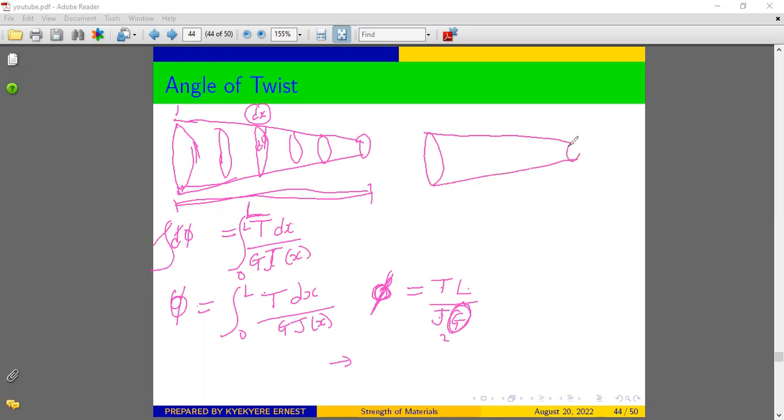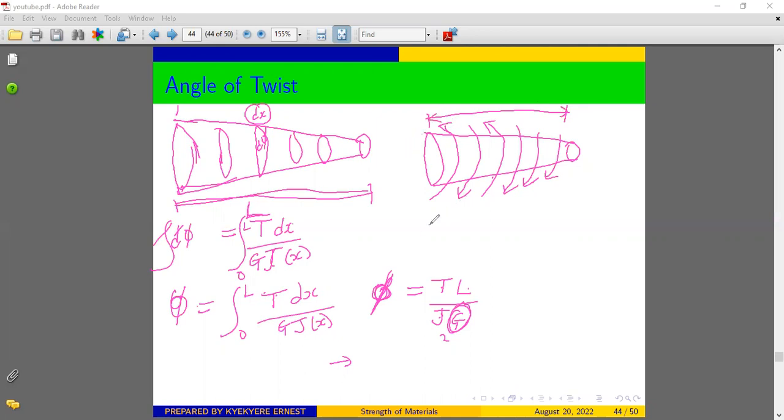So the diameter is changing, we have a torque at this side, another torque at this side, continuously within the material. Then it means that now the torque is also varying along the length of the structure.